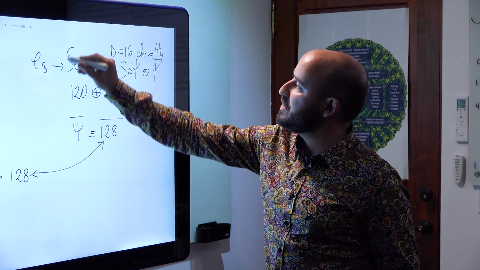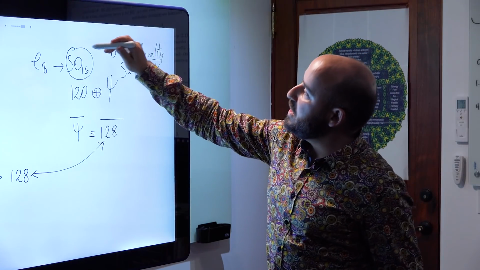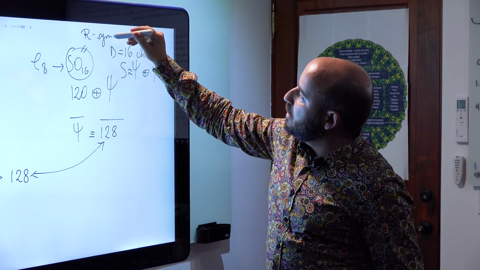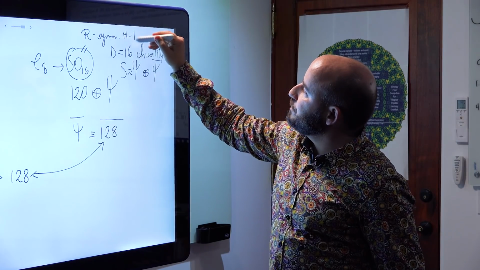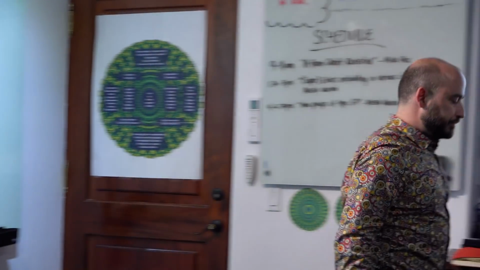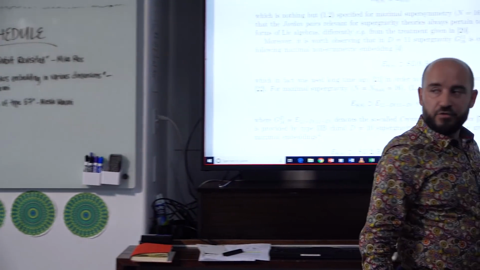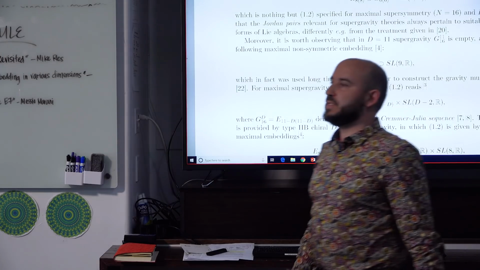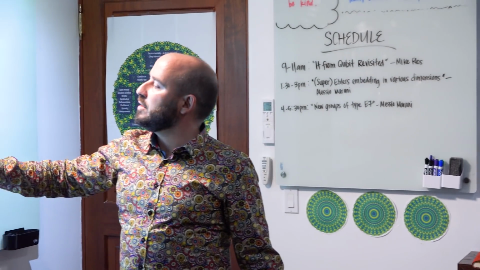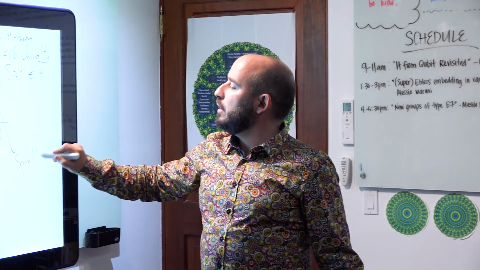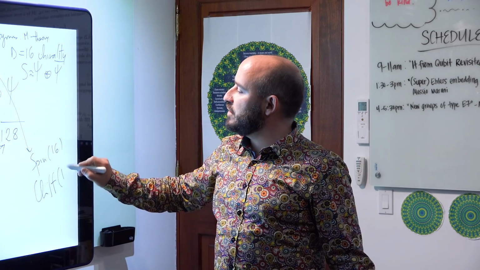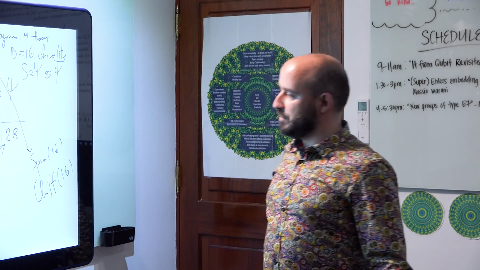So this fits in SO(16), because SO(16) is the so-called R symmetry of M theory. This is where the Clifford 16 is so important. One can determine the spin covering, and Clifford 16 will have a fundamental representation, which is the spinor representation.